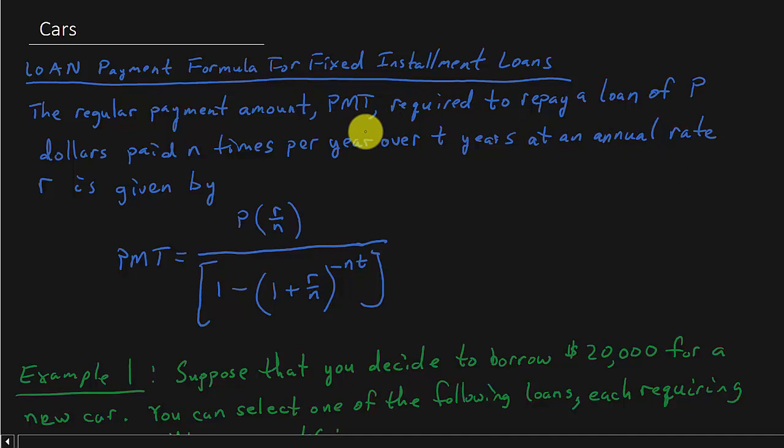It says the regular payment amount, which is abbreviated PMT, required to repay a loan of P dollars paid N times per year over T years at an annual rate R, and of course R is in decimals, is given by: the payment is equal to P times R over N, divided by 1 minus 1 plus R over N, to the negative NT.